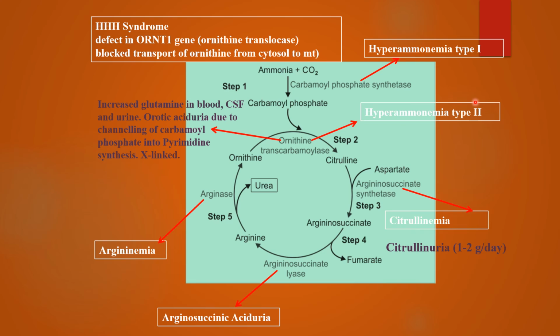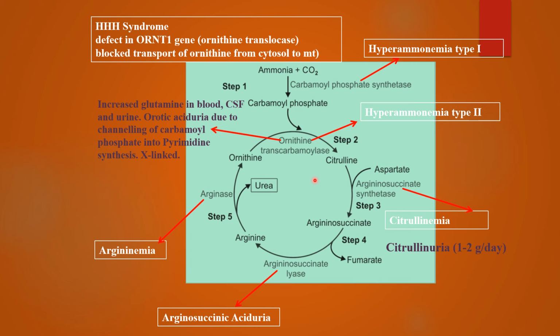High mitochondrial level of carbamoyl phosphate will allow its passage into the cytoplasm, where it will be diverted to the synthesis of pyrimidine, and in the course of that synthesis it will lead to a high concentration of orotic acid, which is going to be excreted through urine as well. When ammonia is increased, the brain synthesizes more glutamine for ammonia fixation, which is present in the CSF.